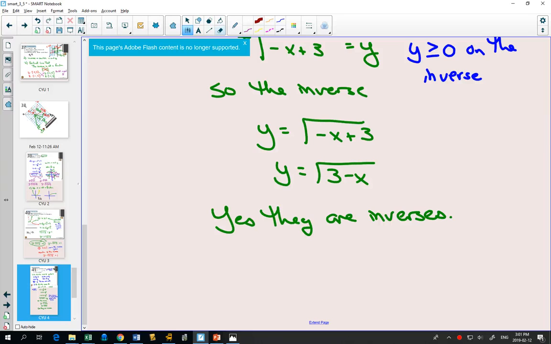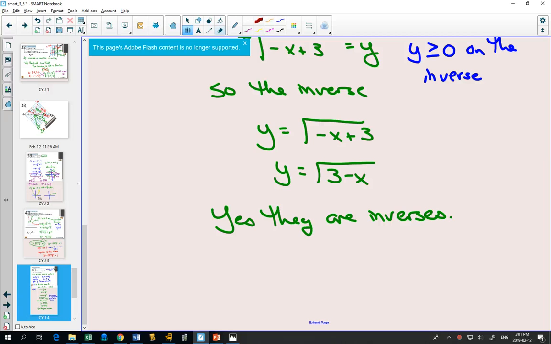So if you want to find out if two things are inverses of each other, you take one of the equations, find its actual inverse doing the process of switching x and y and solving for y, and if the equations match up, then you'll know that they are inverses.